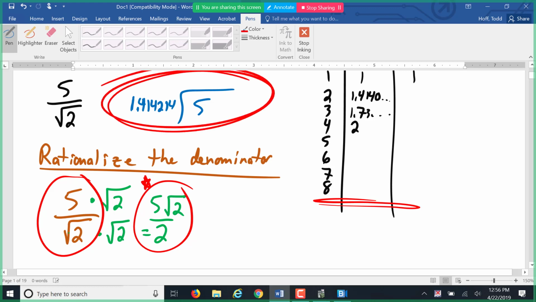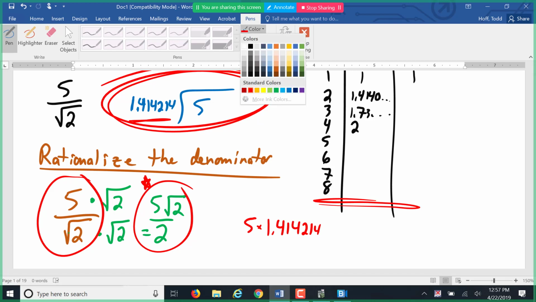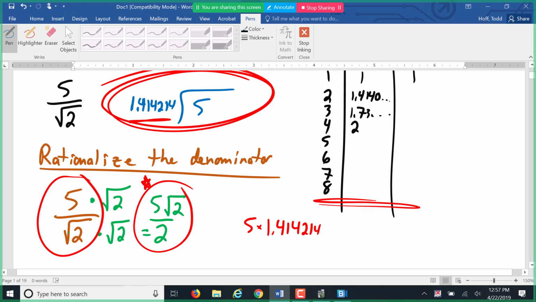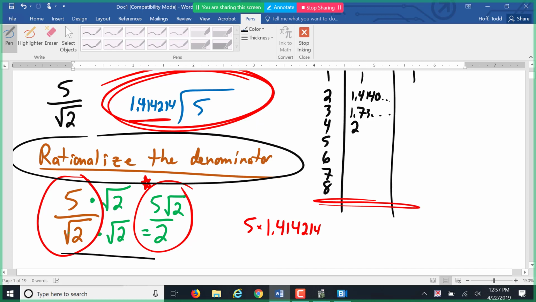Remember that ugly long division. 5 times the square root of 2 would be 5 times 1.414214, however many digits that goes out, which is way easier to multiply by that ugly number than it is to divide by it. And then later we would divide by 2, which is pretty simple to do as well. So by rationalizing those denominators, it made these hand calculations way simpler.